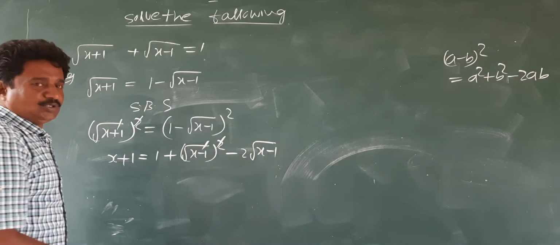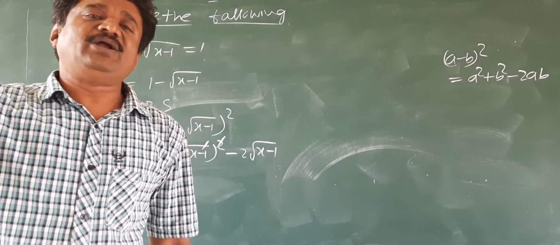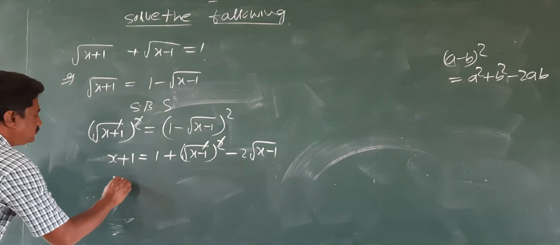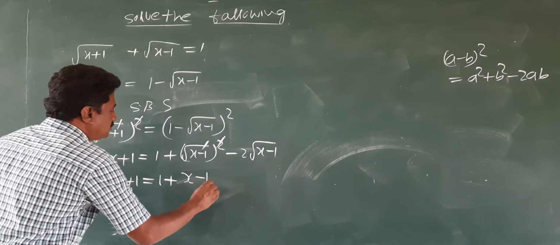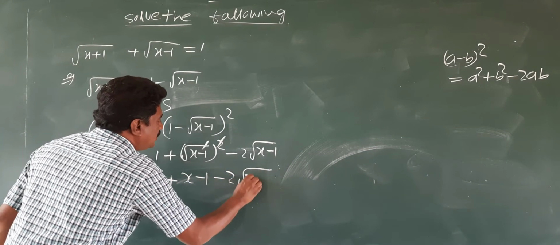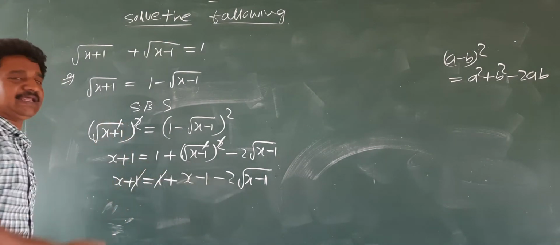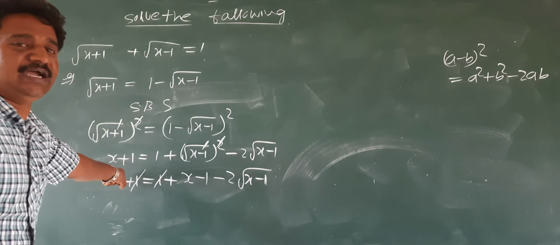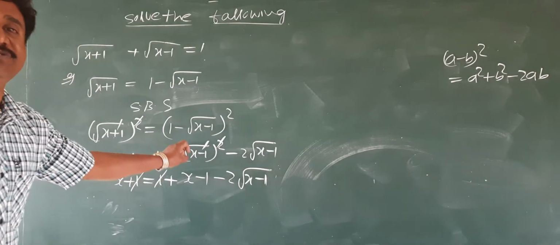Again the root and square get cancelled because root means 1 by 2. x plus 1 is equal to 1 plus x minus 1 minus 2 root x minus 1. Now look at this, students. Plus 1 gets cancelled because if I bring this plus 1 to this side, it becomes minus 1.